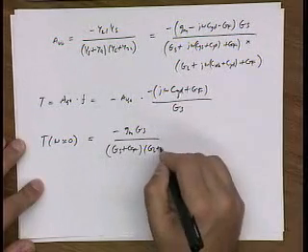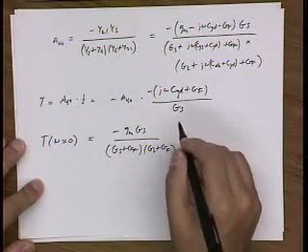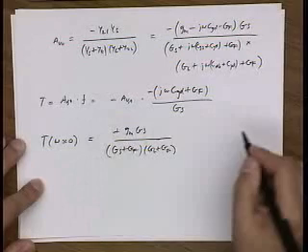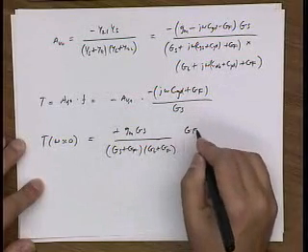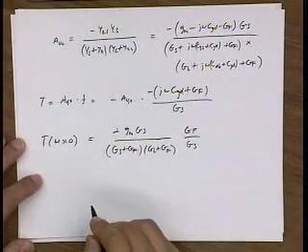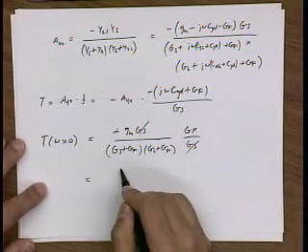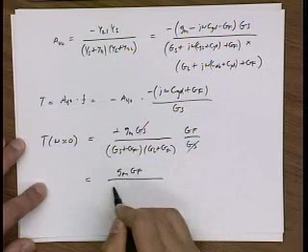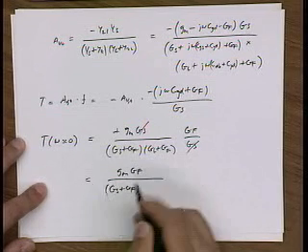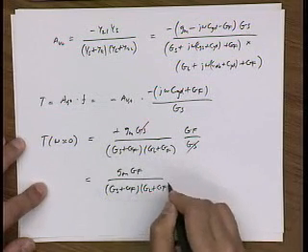Here I get GL plus GF. This gives me plus. Here I just get GF, and here I get GS. GS cancels out, and so I get GM, GF over GS plus GF, GL plus GF.